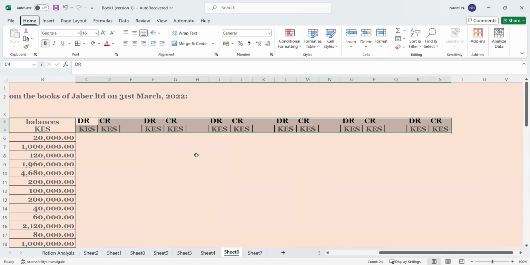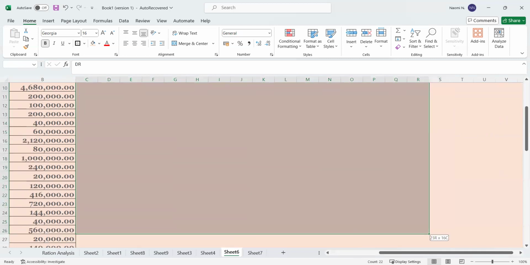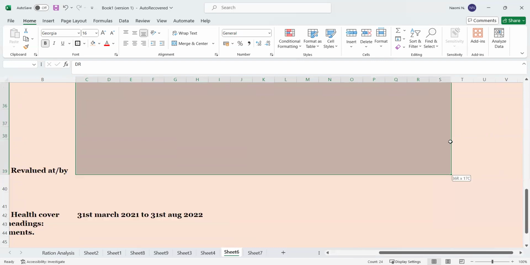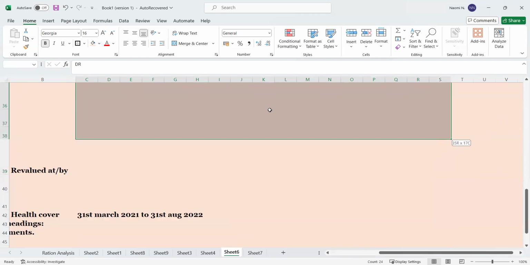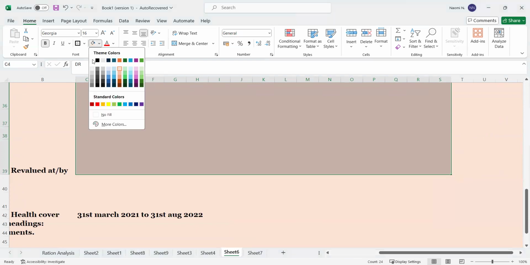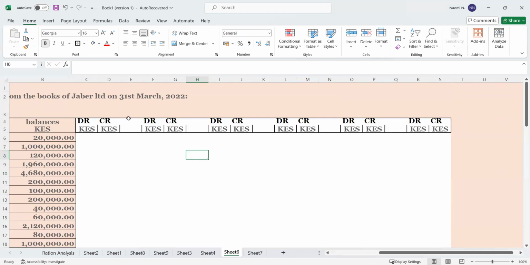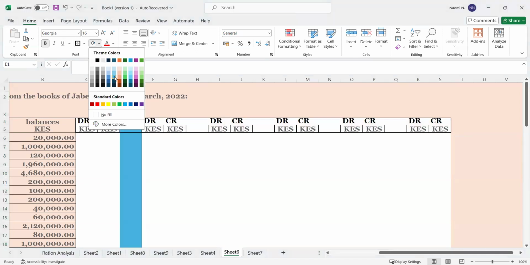So for this one, just to make it a little bit different, this is what we are going to do. What will we do here? Okay, we're going to use something like which color? Can use that one.